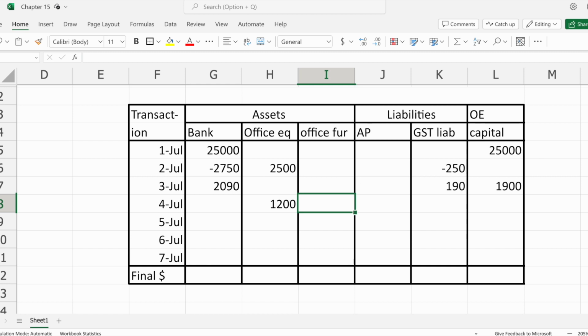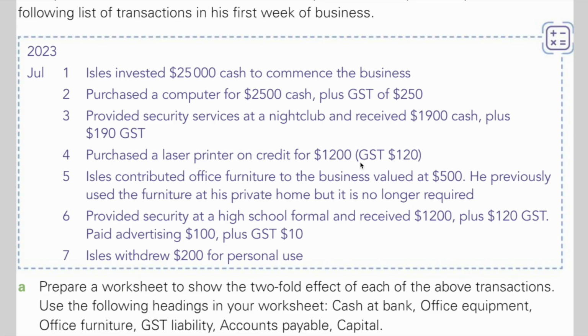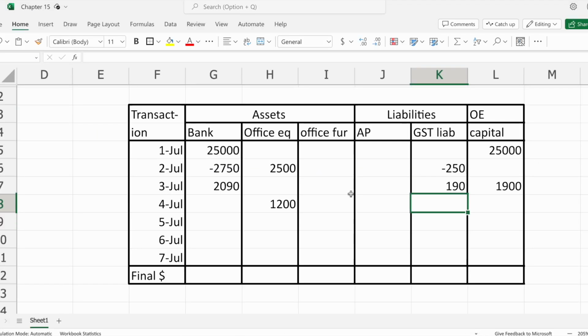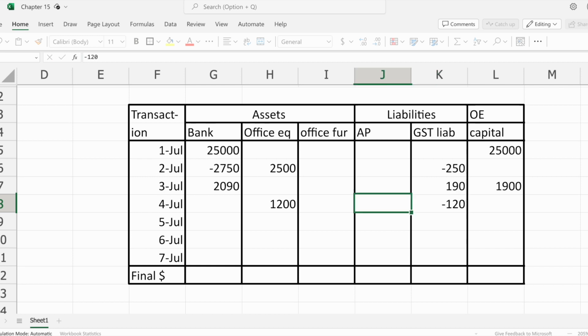Now, that's the total assets. But the liabilities, however, is where the GST will be given: $120. So you put negative 120 because you're paying that amount. Now, in order to fully balance out the right side and the left side, we need to complete this equation.